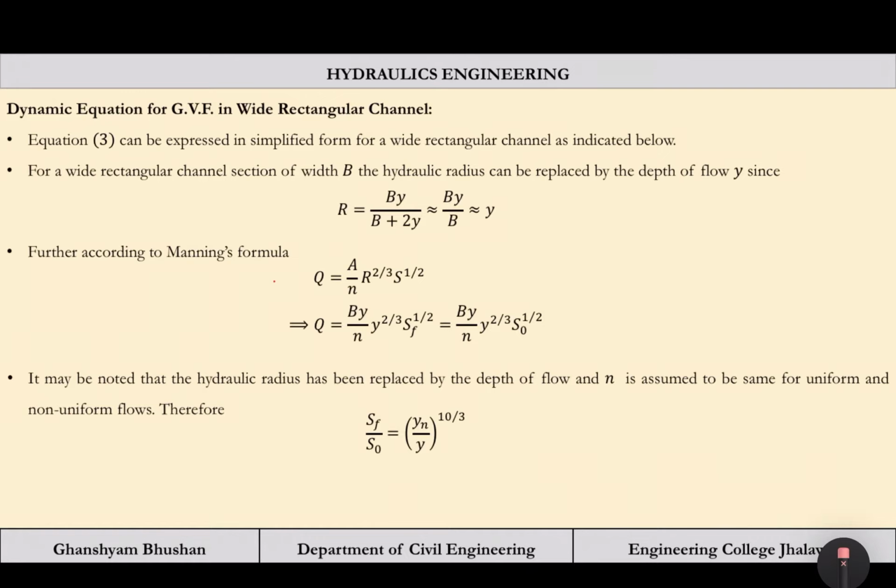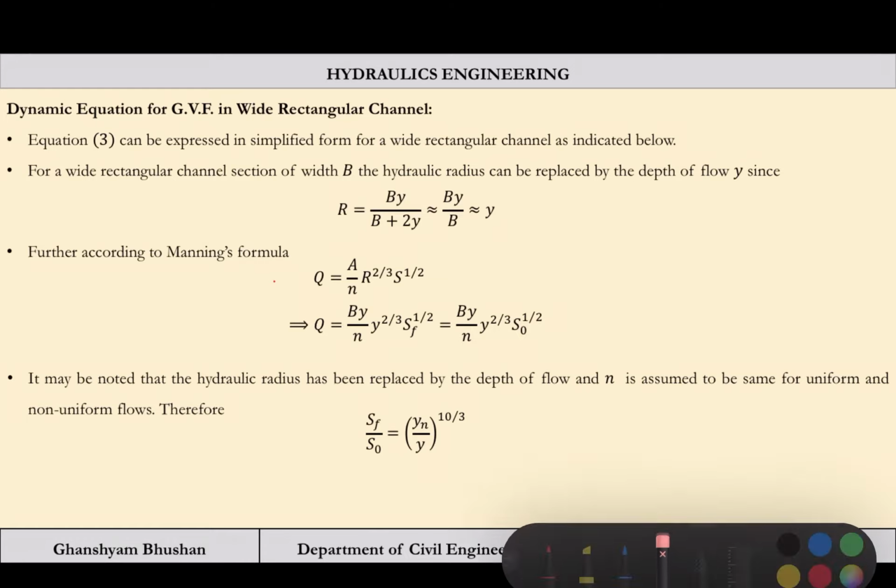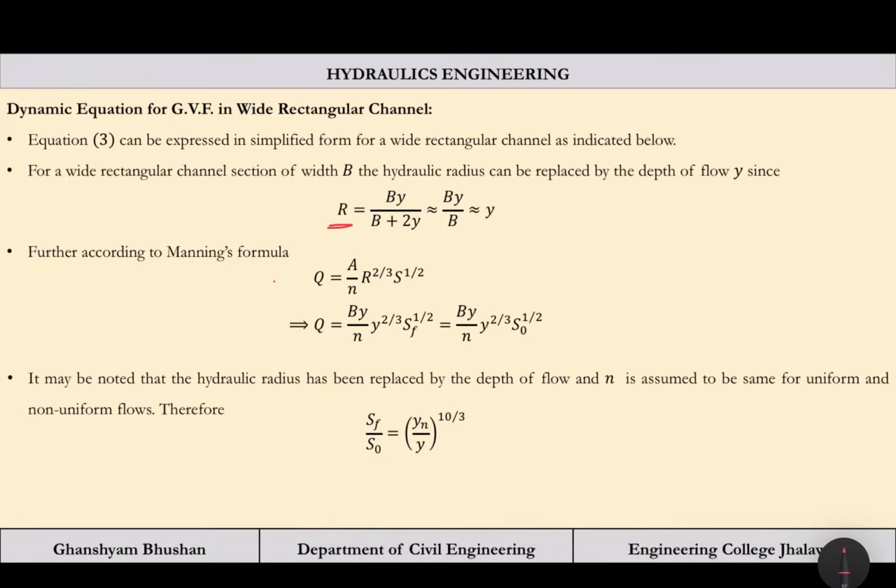the wide rectangular channel. So equation 3 is our Q square T by g A cubed is equal to 1. It is our equation number 3. So you can see R can be written as, R is what? A by P. So area is B into Y and P is B plus 2Y.